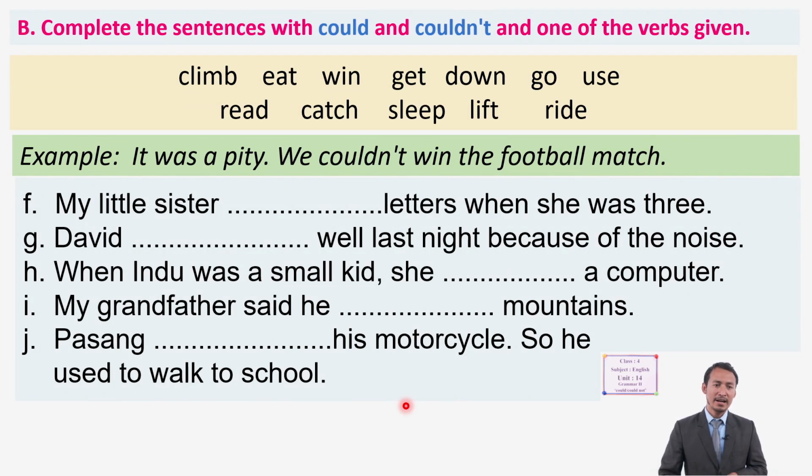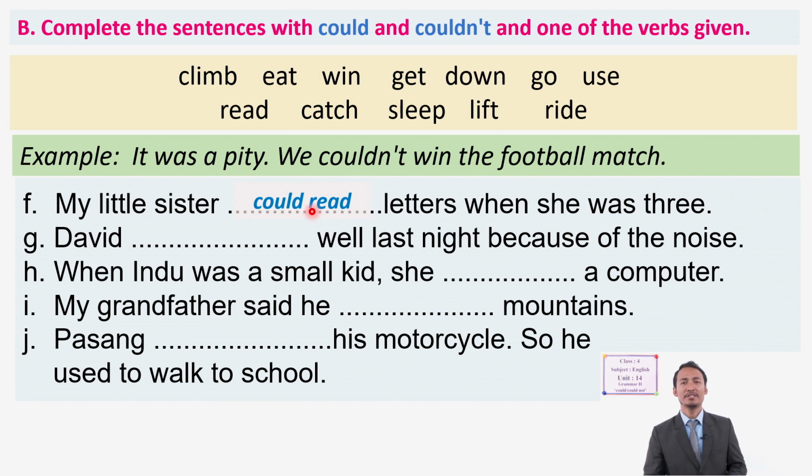Other sentences are here. F: my little sister left us when she was 3. When your sisters and brothers are 3, they might have certain abilities, and you can say my sister could read letters when she was 3.